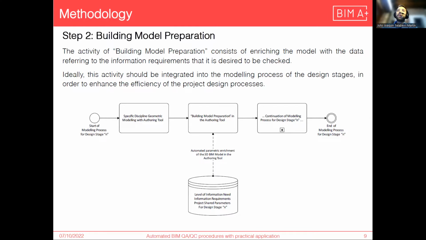So if we have a defined database with our requirements, we can make use of scripts or other automated ways to enrich our model in a way that reduces human activity as much as possible to reduce errors.